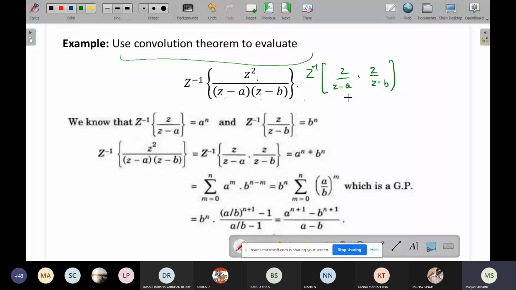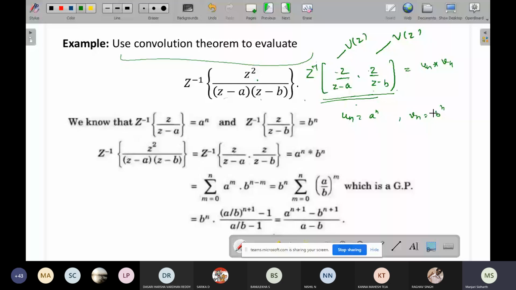So this is capital U(z), this is capital V(z). z over (z minus a) means small u_n is a power n. z over (z minus b) means small v_n is b power n. Now you need to find the Z inverse of the multiplication of these, which is nothing but u_n star v_n.